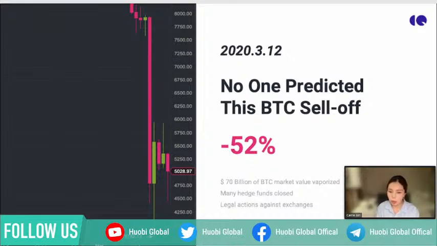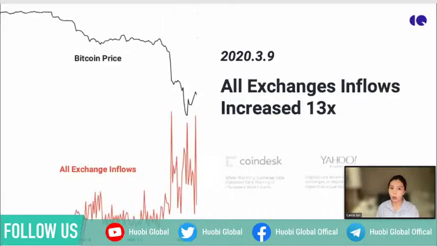But some of us were able to predict this drop was going to happen because we had the data, and the data was exchange inflow. 3 days before that, there were huge inflows.